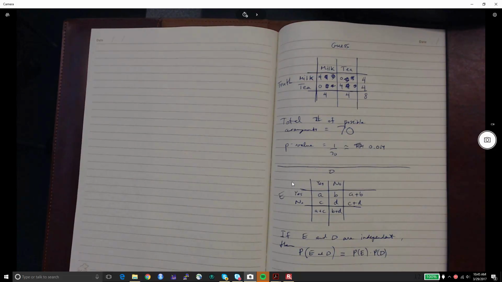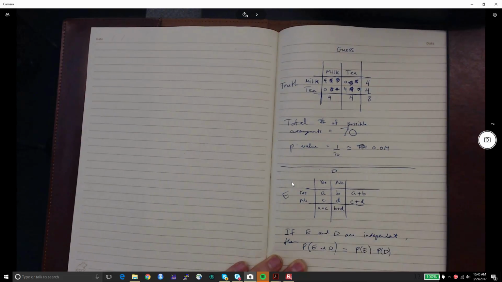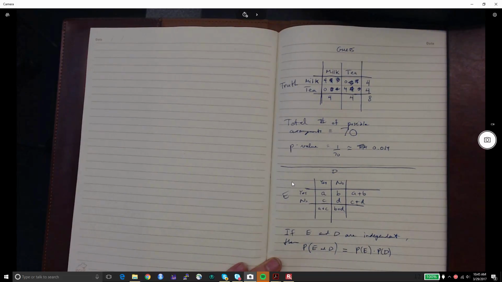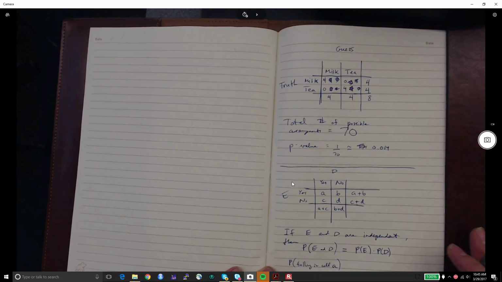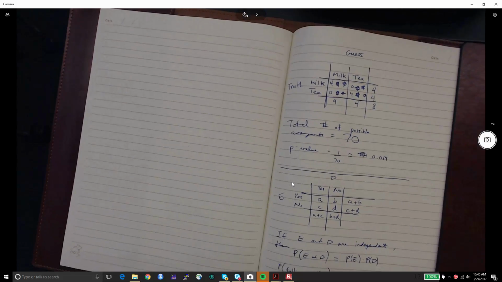Okay? So now, if we want to work out what's the probability of falling in the cell that we've labeled A, if our observations are independent, then the probability of falling in cell A, okay, I should probably just, this would be an easier thing to do.